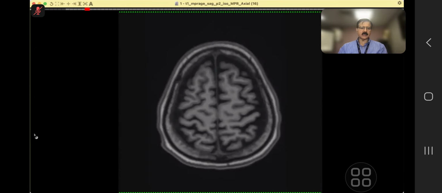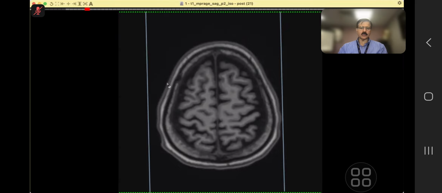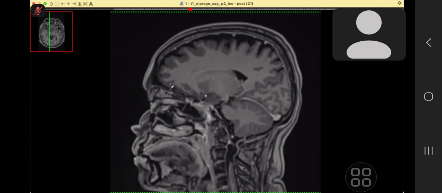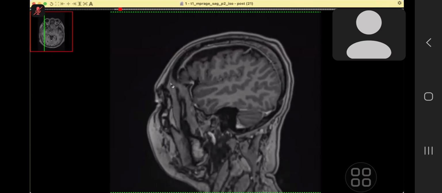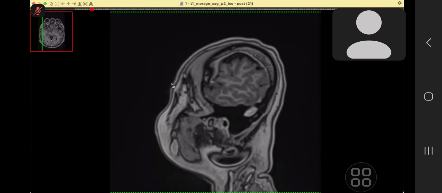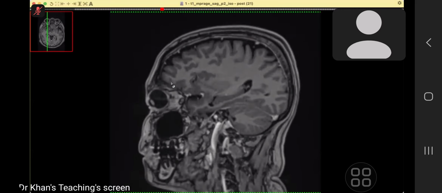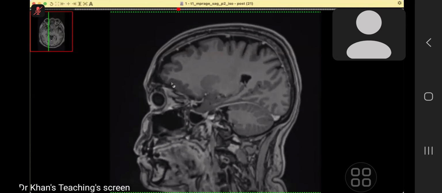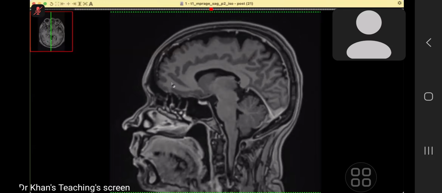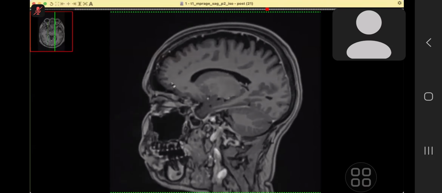This is a post-contrast T1. The dural venous sinuses are well enhanced.